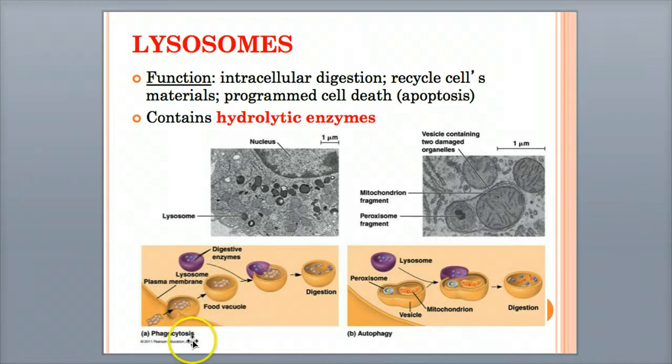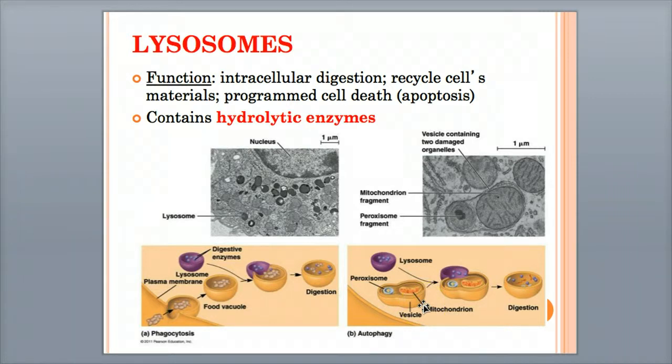This one's called phagocytosis, where in this particular case you see a food vacuole coming in. The lysosome sort of merges with it and starts to digest all the stuff that's in the food vacuole. Autophagy is when I have a lysosome, and phagocytosis is with a food vacuole, and autophagy, this one is for an actual body part.